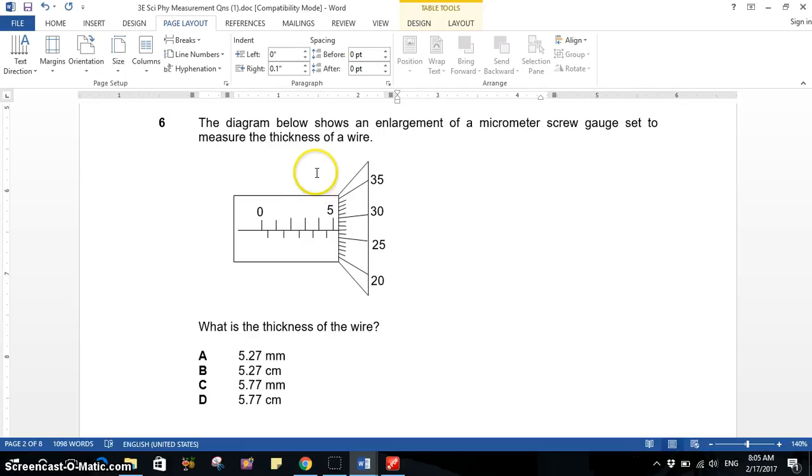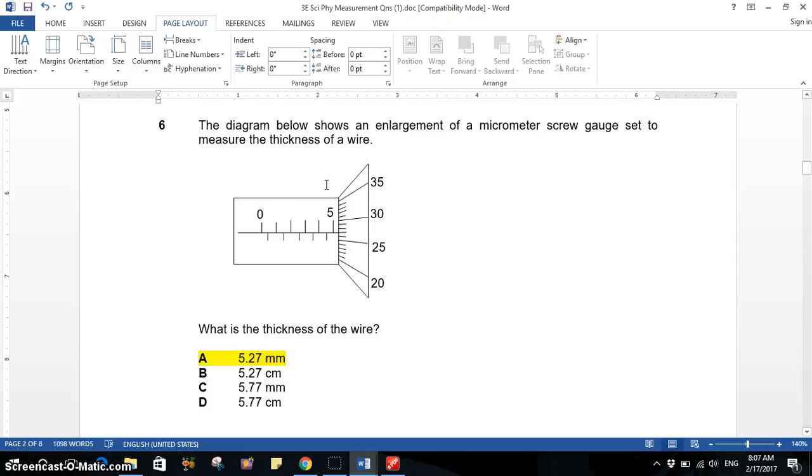Reading in this case, this first marking is 0, next marking is 1, and the following marking below is 1.5. So the reading here is 1.5 mm for main scale. Your thimble scale is 48.